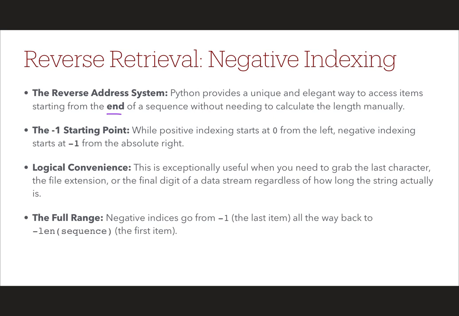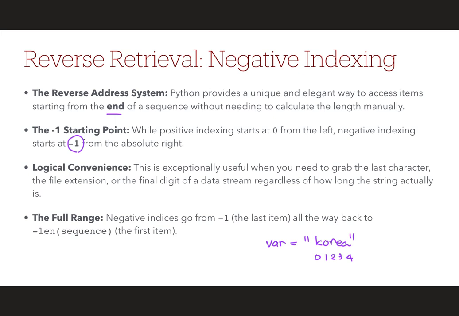The last item in the sequence has an index value of -1. For example, if the variable is defined as, say, Korea, the letter K has index 0, O has index 1, and R has index 2, then 3, 4 will be the index values for those 5 letters.